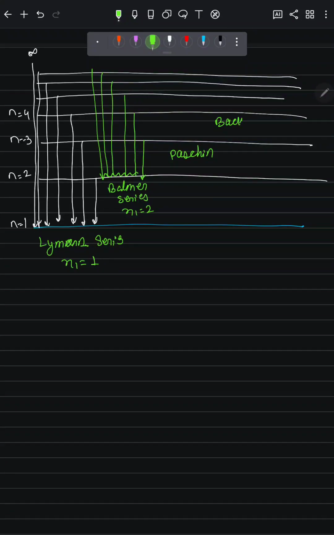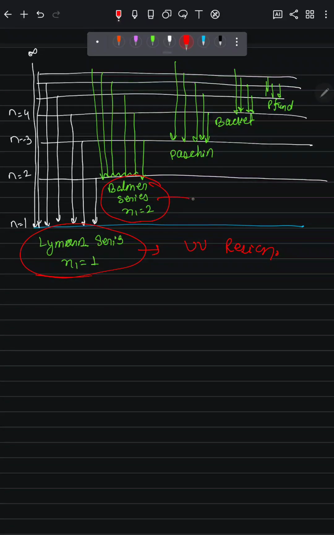Then Brackett, then Pfund, etc. For these energy levels, the first line of the Lyman series comes under the UV region, this line comes under the visible region, and all of these come under the IR region, the infrared region.